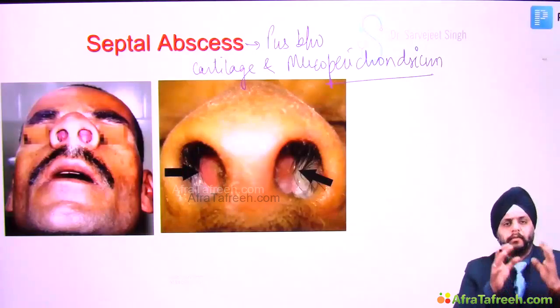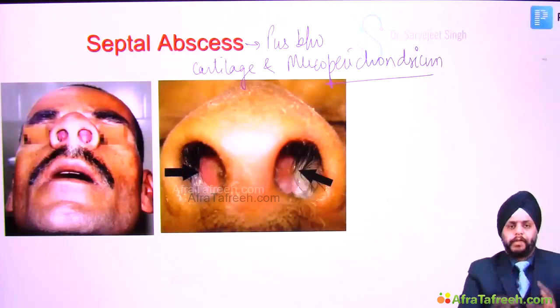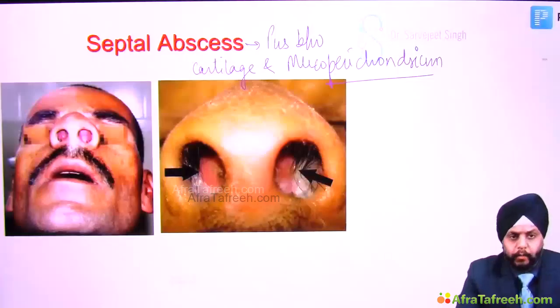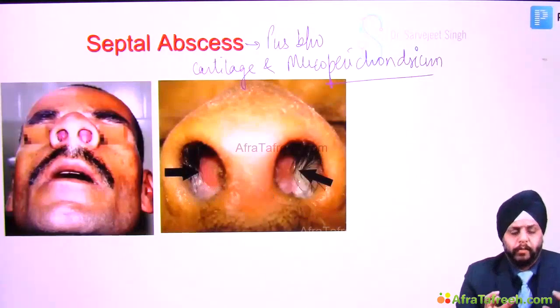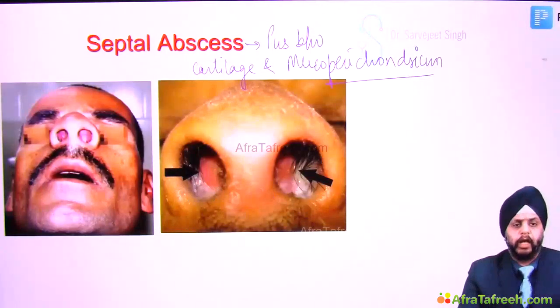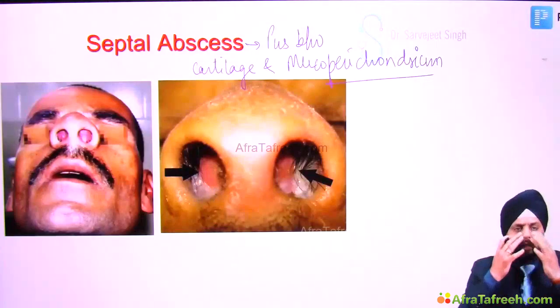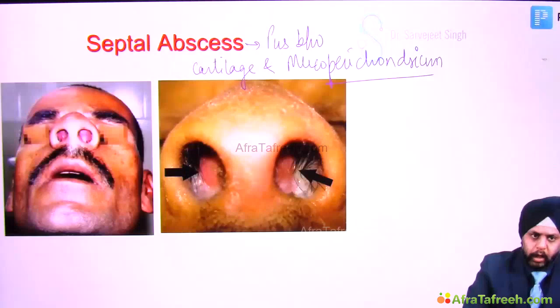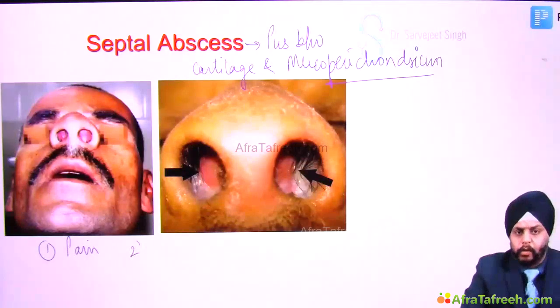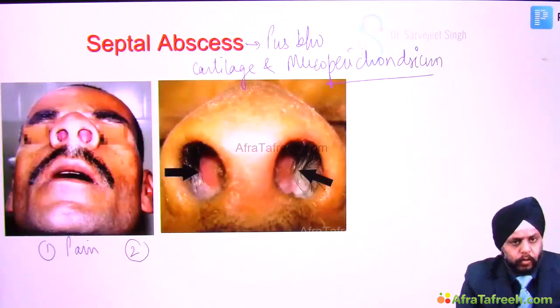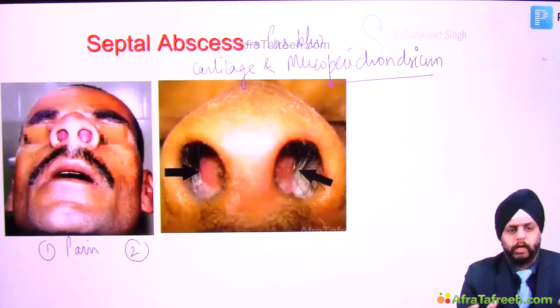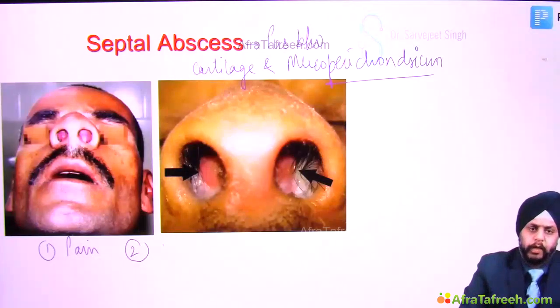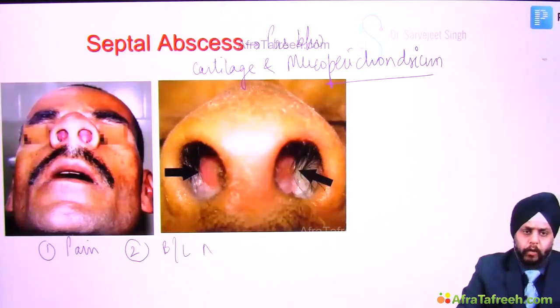Pus means pressure, and pressure means pain. Now the patient will have severe pain in the nose. Of course, the pressure will lead to more obstruction, so the patient will now have more pronounced bilateral nasal obstruction.